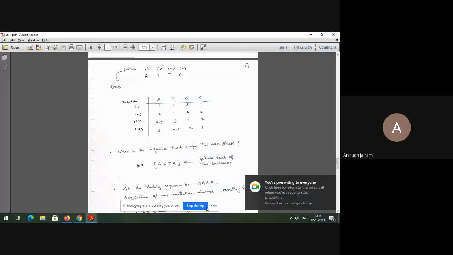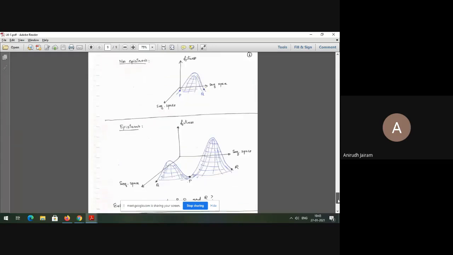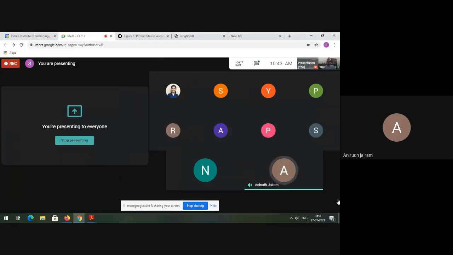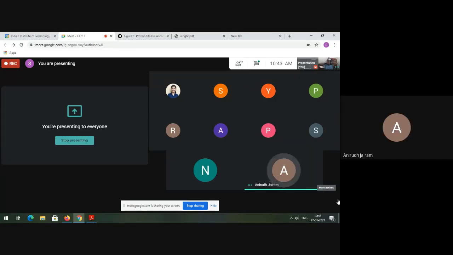I have a question. Yeah, go ahead. When you mentioned that there is one peak, for example, in the case of a fitness landscape, I'm talking about the whole genome of the organism. In that case, the fitness landscape need not be static, right?